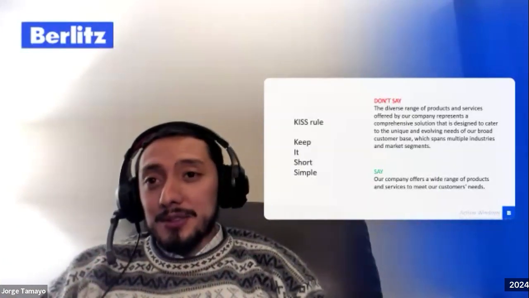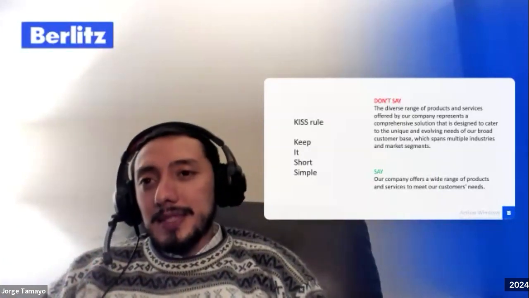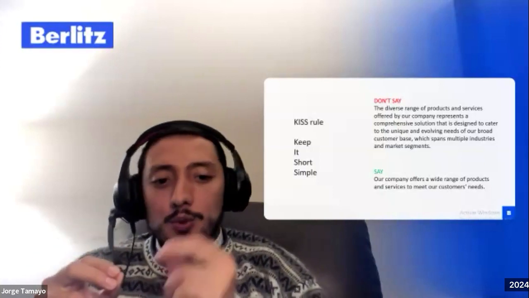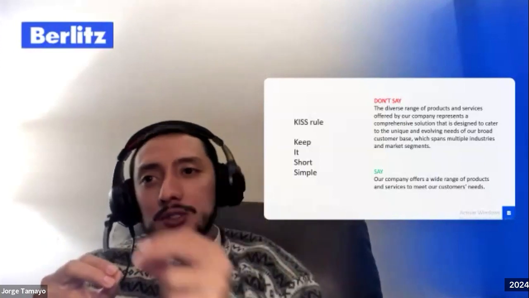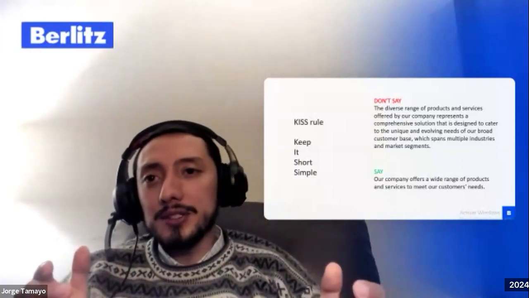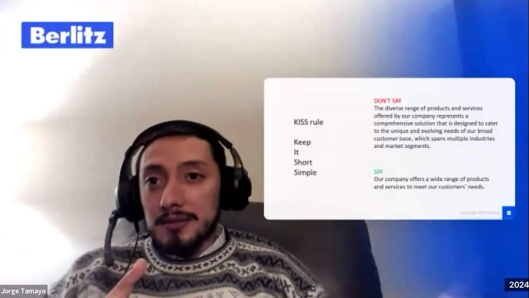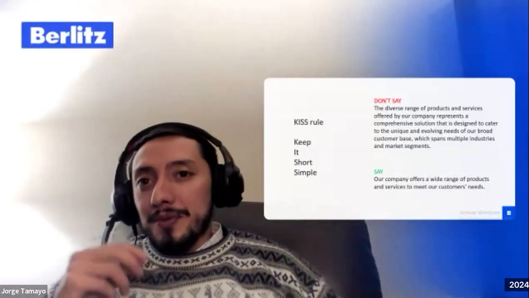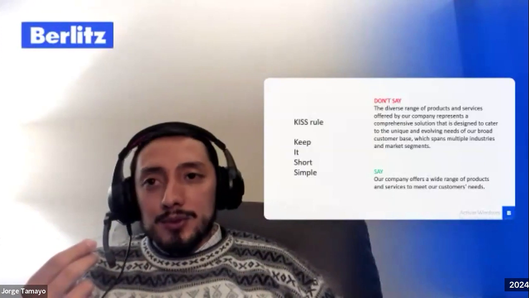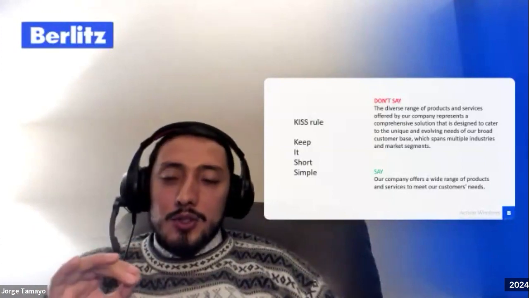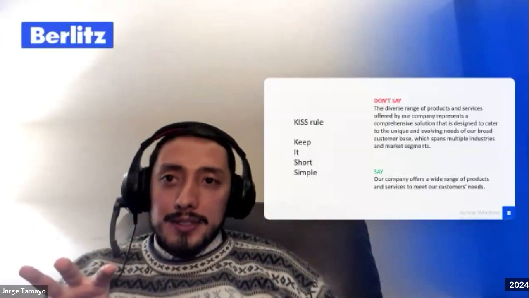And that, of course, is way too complicated. Go for one simple action. Always look for one simple action and structure your sentence around that simple action. Say something like, we need to schedule a meeting, right? So that's one of the keys of the KISS rule. Looking for the right action to build your sentence around it, right?